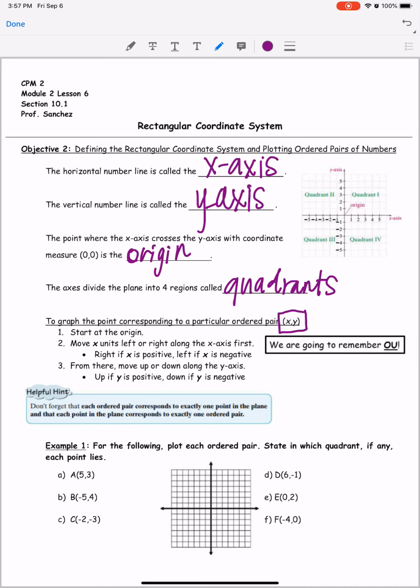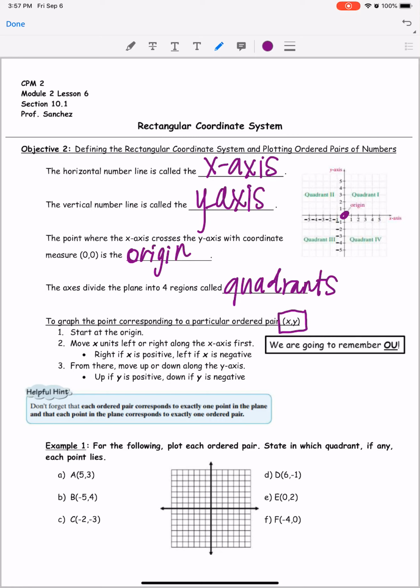You are going to move x units left or right along the x-axis first, right if it's positive, left if it's negative. So you're going to start here and you're going to go this way if x is positive, or you're going to start here and go this way if x is negative, just the way these numbers are on this number line. Then from there, move up or down along the y-axis, up if y is positive, down if y is negative.